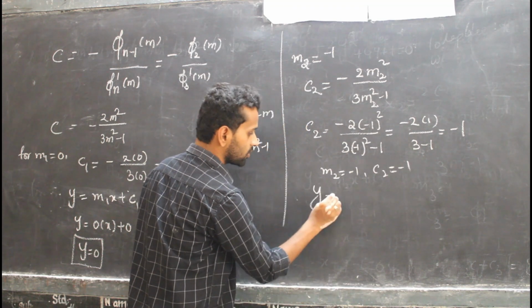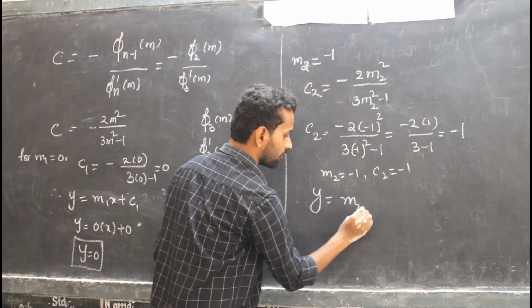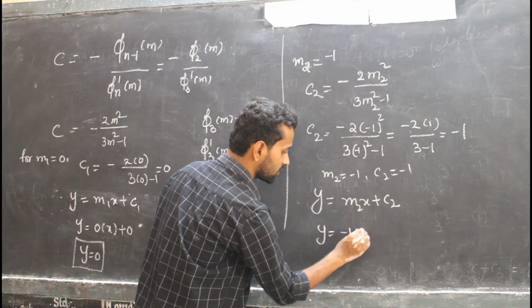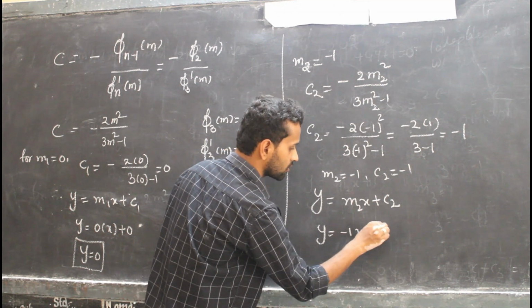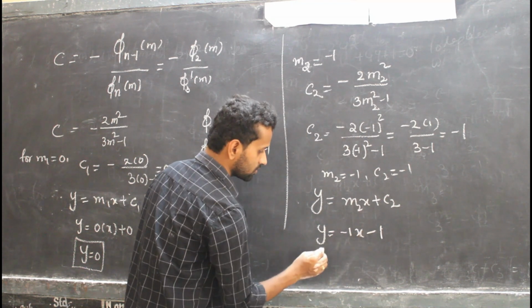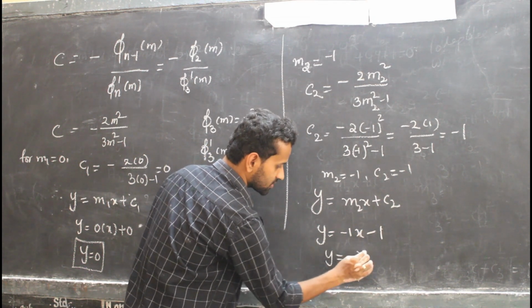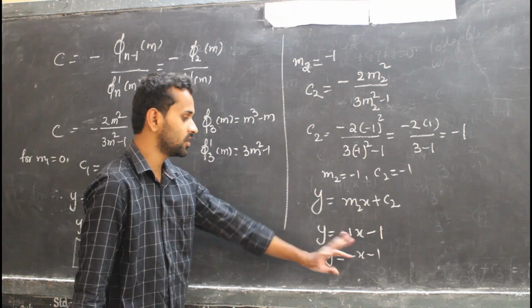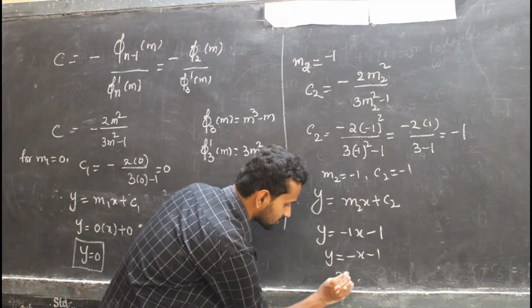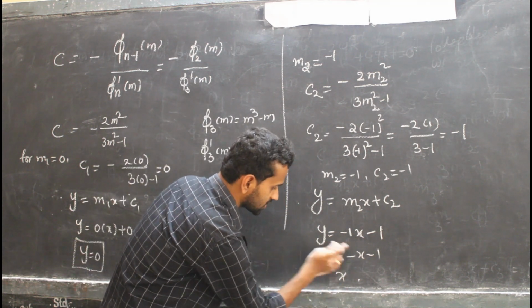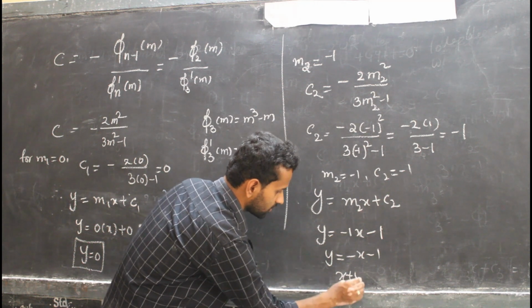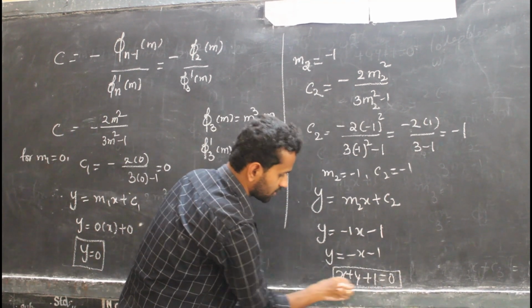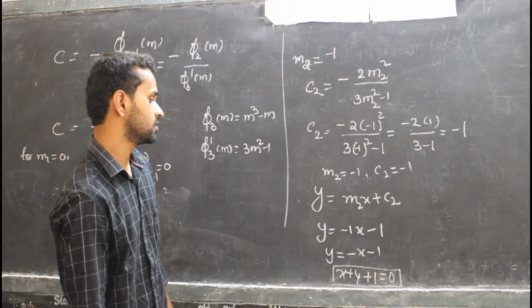The asymptote y equal to m2 x plus c2, so y equal to minus 1 into x plus minus 1. This becomes y equal to minus x minus 1. Taking everything to the left hand side gives the standard form: x plus y plus 1 equal to 0.